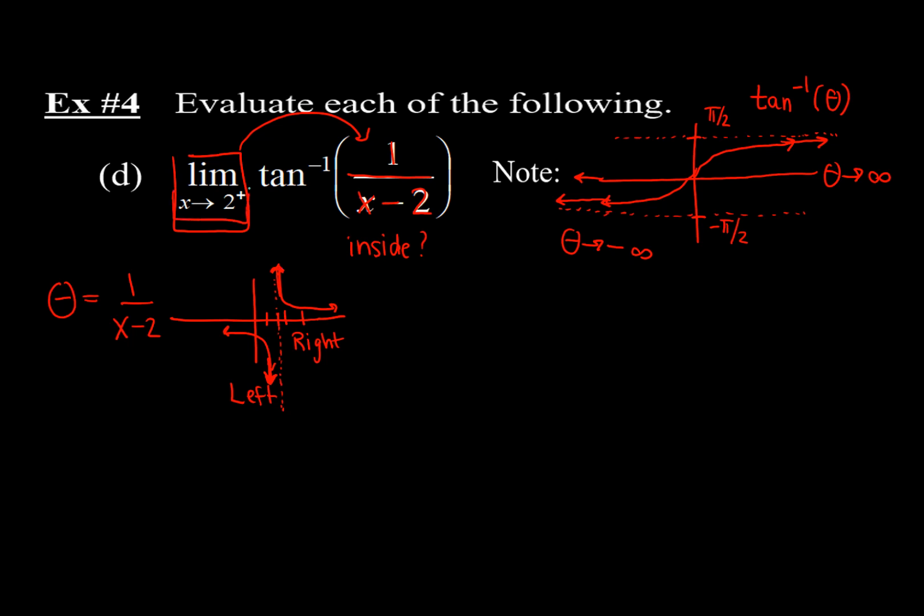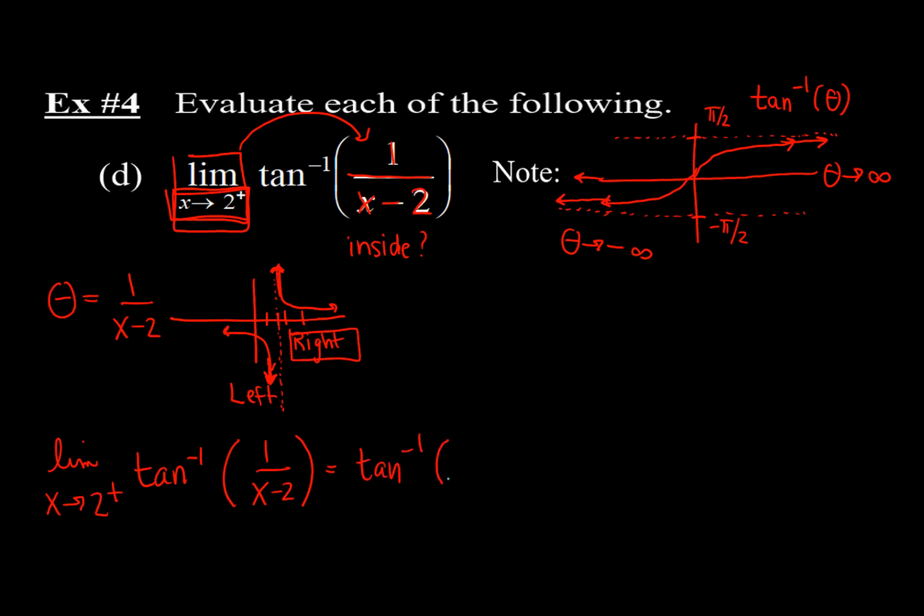So if x is approaching 2 from the positive, that means that we're using the right side. So this limit, as x approaches 2 from the right, of the inverse tangent of 1 over x minus 2 is like saying the inverse tangent as the inside approaches positive infinity.